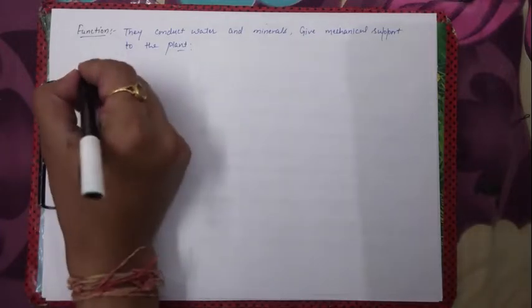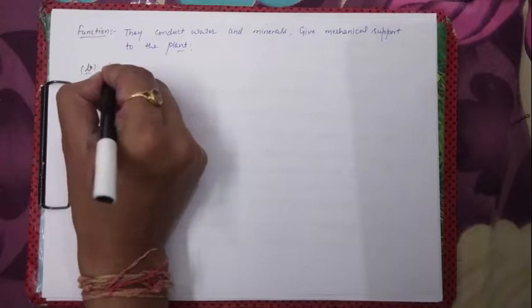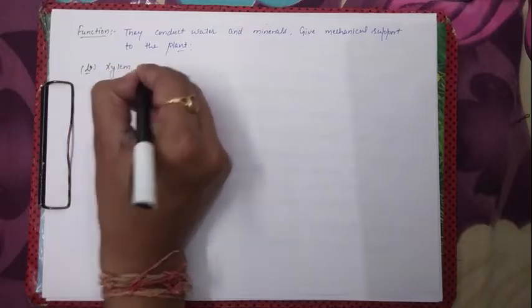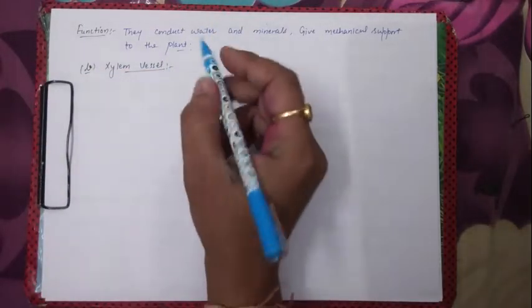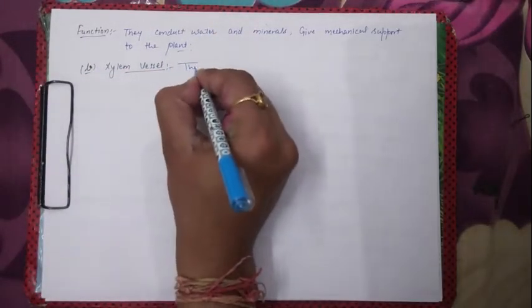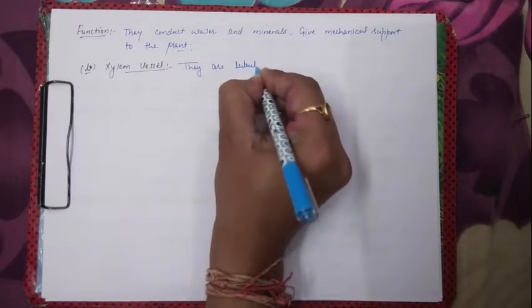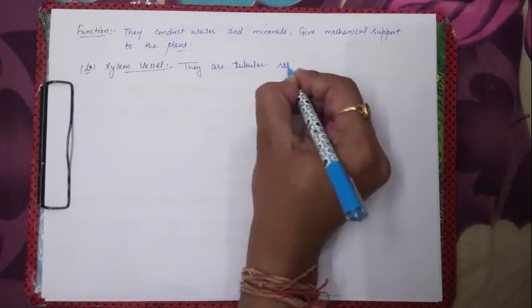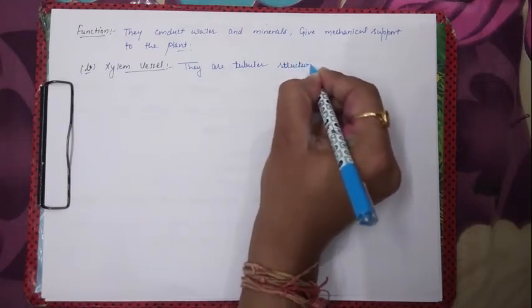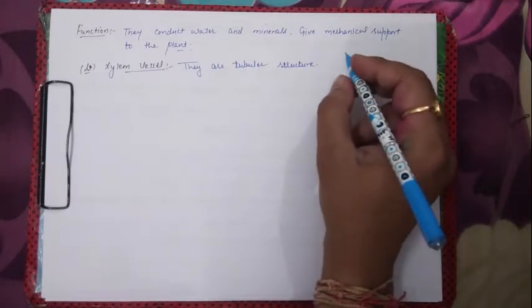Next, mark it as B, xylem vessel. They are tubular structures, meaning they have a tube-like structure.